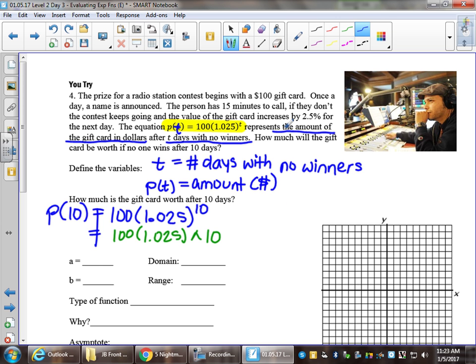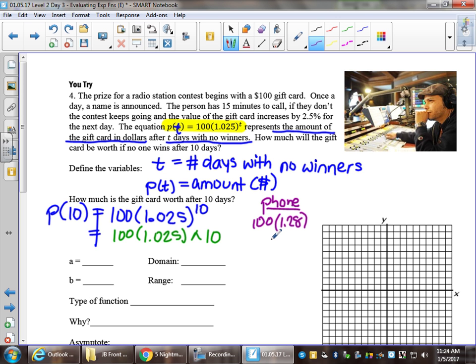My phone people do 1.025 to the 10 first. Let me know what that is. What do you guys get when you do 1.025 to the 10? 1.28, so then I write this, because 1.025 to the 10 is 1.28, and then multiply by 100.